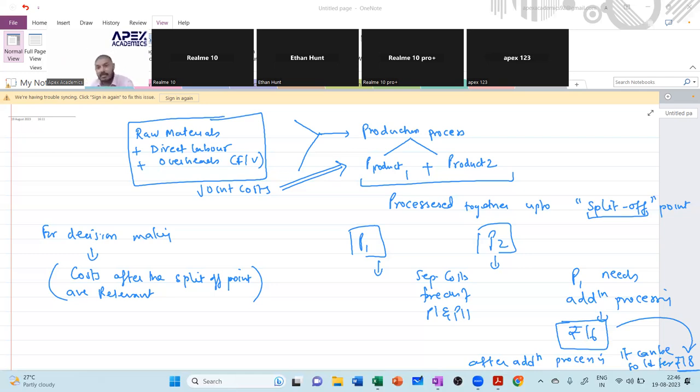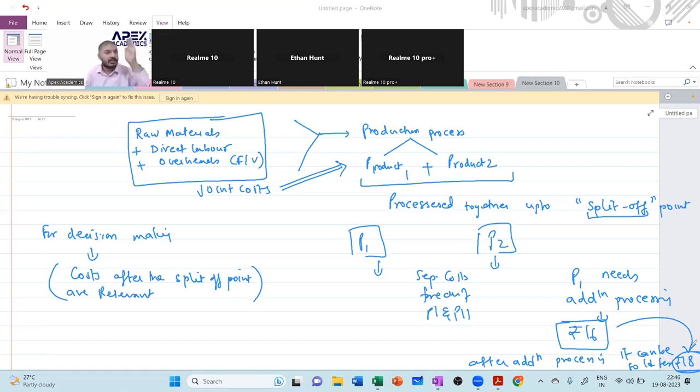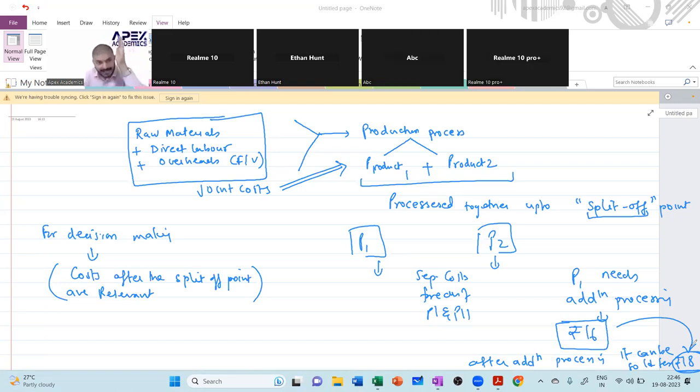Had I not had the potential of selling this for anything above 16, the additional processing cost is a suicide. Please understand. Why is it a suicide? You are selling it for 18 and your additional cost is 16.